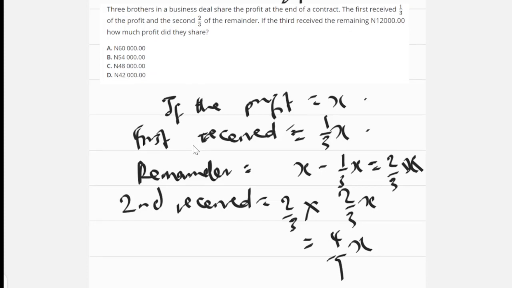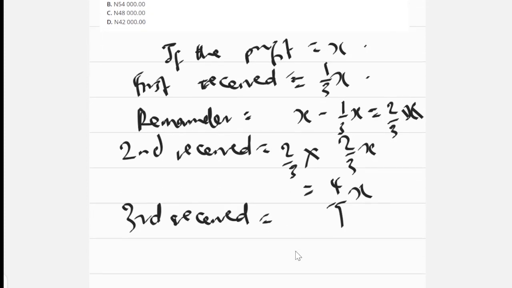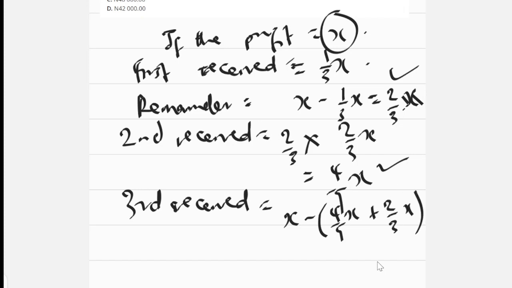Okay, let's continue. The question now says the third received the remaining 12,000. You understand now? What will be the third's share? With the example I gave, three of us went to a ceremony. Somebody has taken this, somebody has taken this out of this. If you want to know the third's share, that will be x minus the two shares added together, that is 4/9x plus 2/3x.